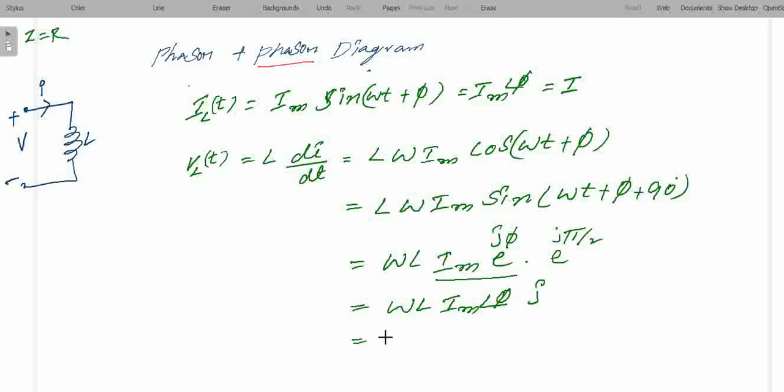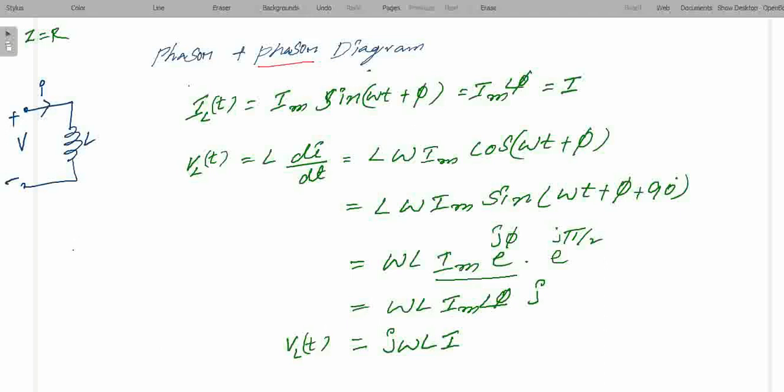So simply we can write it as omega L into j, or j omega L. Im angle phi is nothing but I. So this is your VL of t.